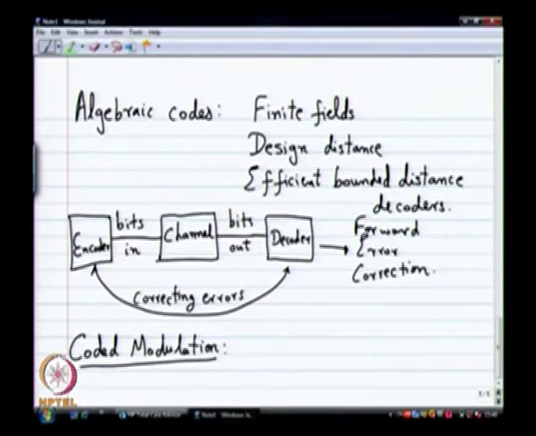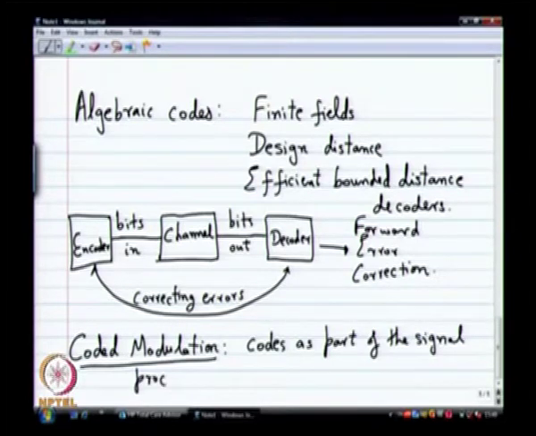Here you think of codes as part of the signal processing needed for communication.